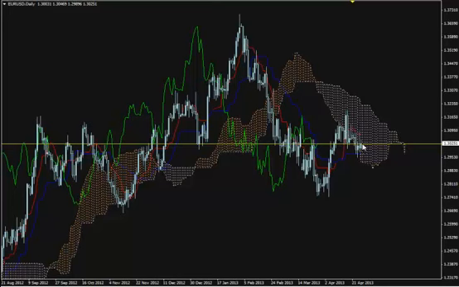Your risk, the pips between your entry point and your stop loss, should not represent more than 3% of your account's equity. If they represent more, choose a smaller time frame.